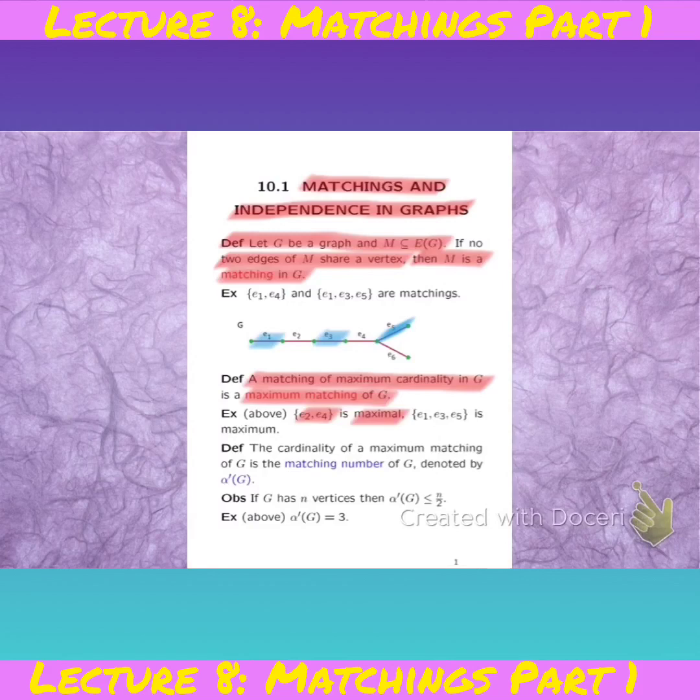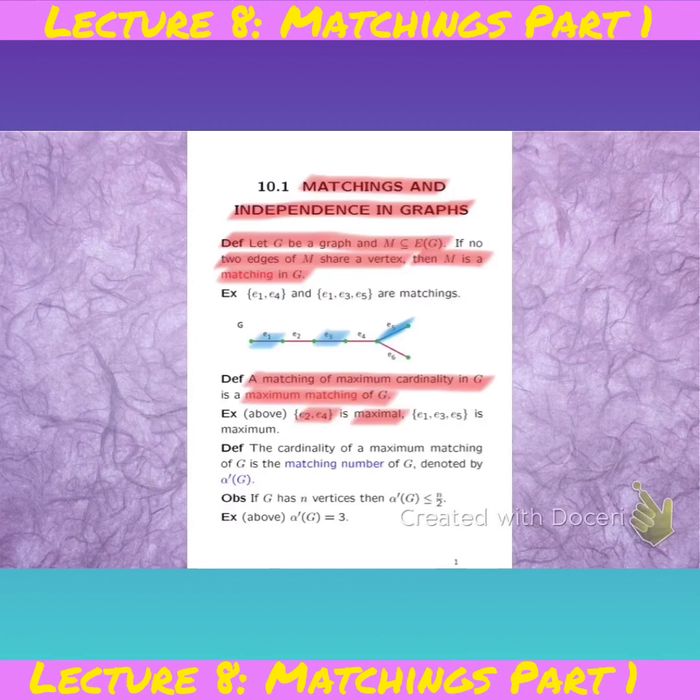That's the largest possible set of edges that I can get that satisfies the matching definition. So it's not possible to go beyond 3. And also E1, E3, E5 is obviously maximal. Adding any edge to it is going to violate the matching property.